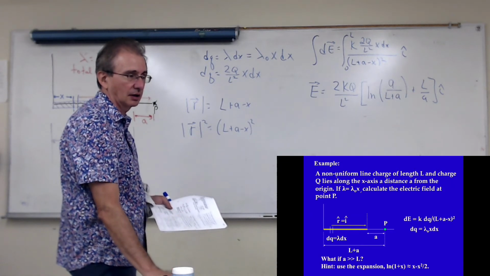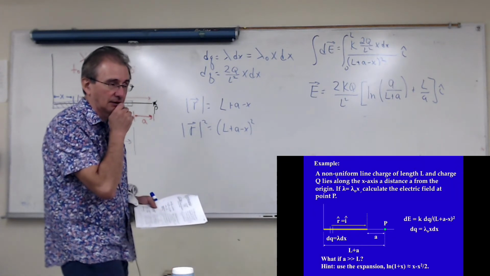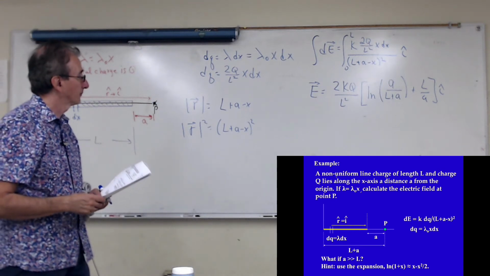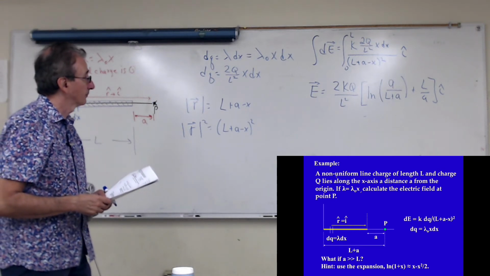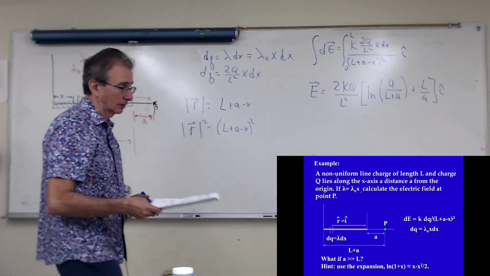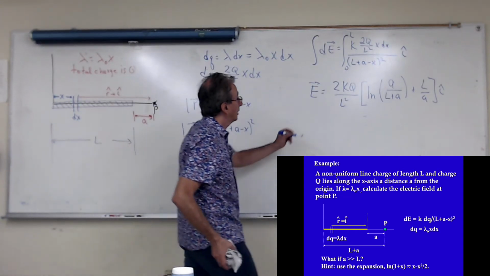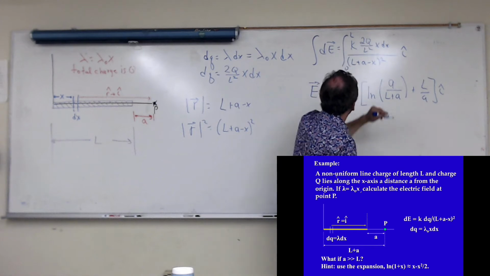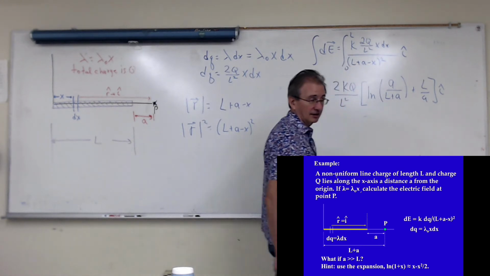Question? I have a question. Yeah, Professor. So what are the constants you can rip out for this particular integral? You can rip out the k, the dq, or the 2q over L squared, right? Yeah, you can pull all this stuff out. Just not the bottom though, because it has the x in it. Yes. Okay.